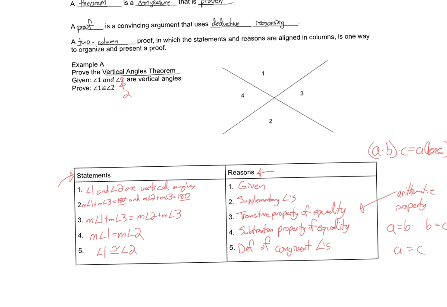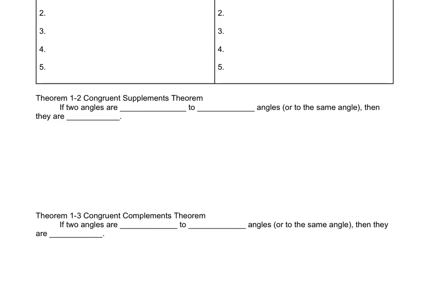That's the vertical angles theorem. Okay, theorem 1-2, congruent supplements theorem. If two angles are supplementary to congruent angles, or to the same angle, then they are congruent. This is the symbol for congruent, without the little dot in front.